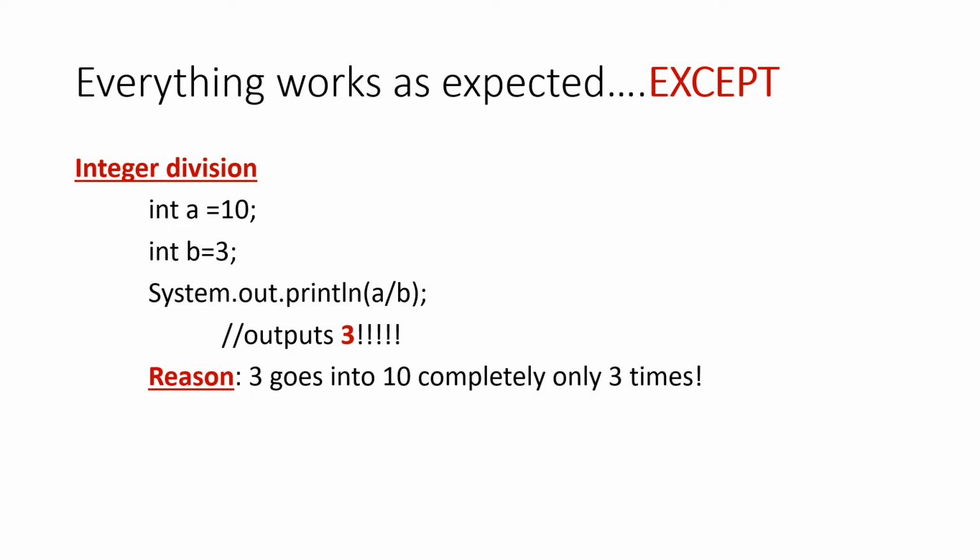And that's the answer that Java will give when there's integer division. In all other cases, an int and a double, two doubles, it will give the expected result, which is 3.33. But in integer division, the answer to 10 divided by 3 is 3.